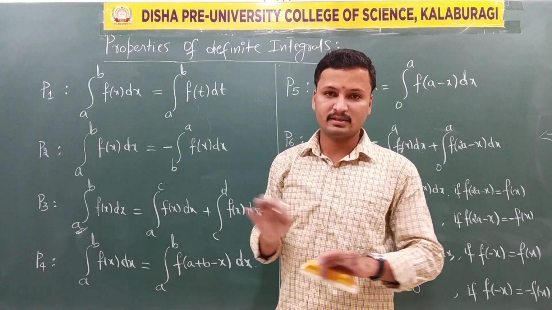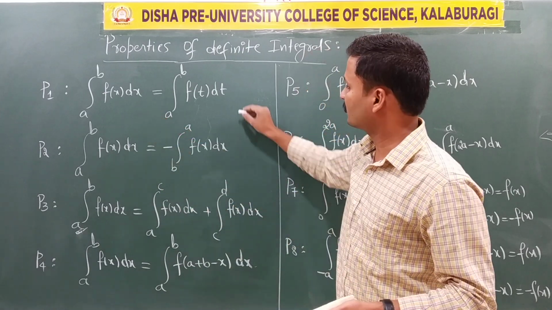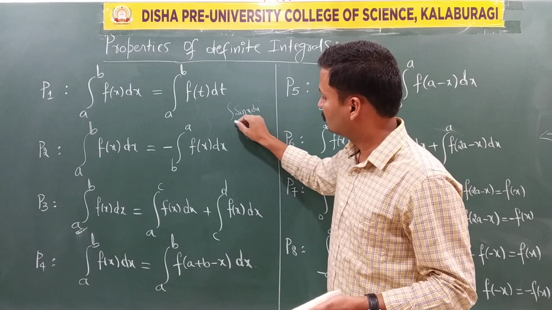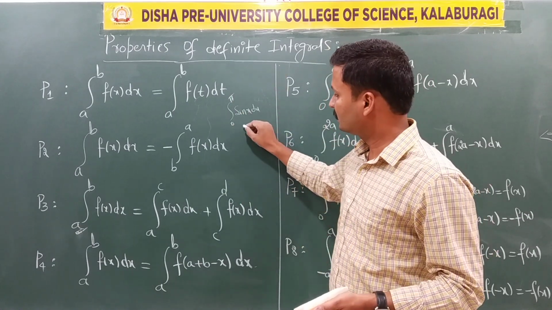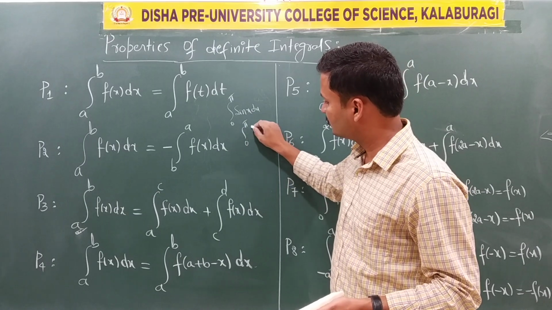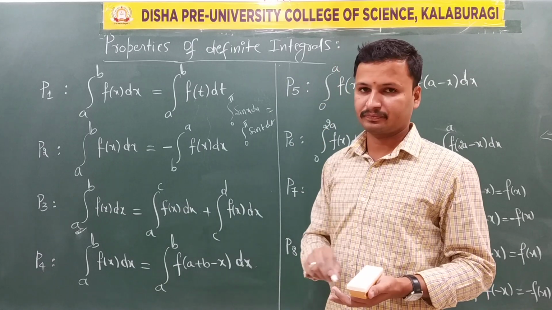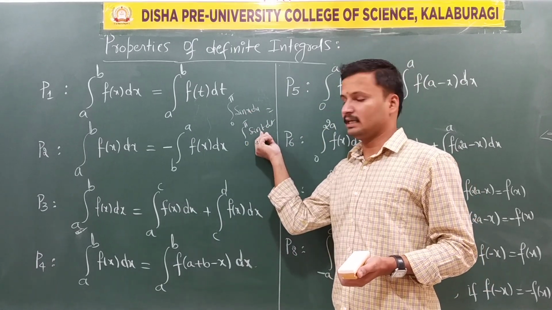For example, integration of sin x dx from 0 to pi is the same as integration of 0 to pi sin t dt. Both are the same. I just changed the variable x to t.